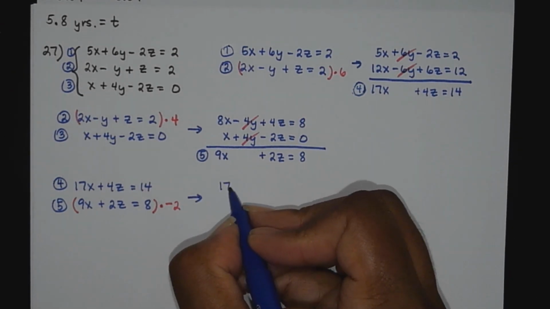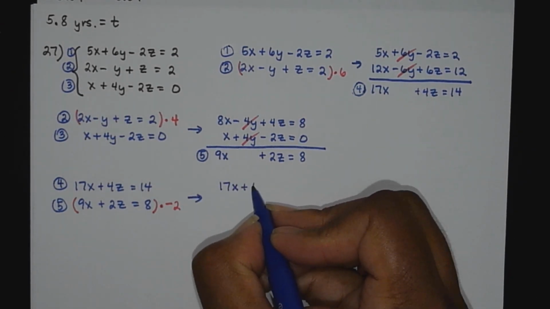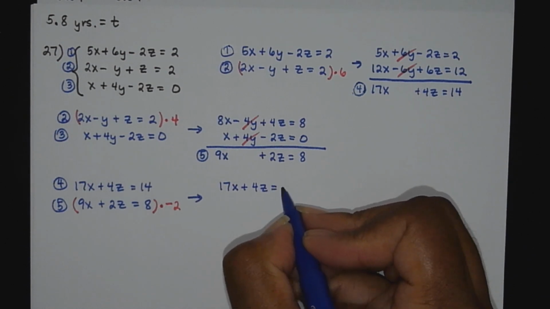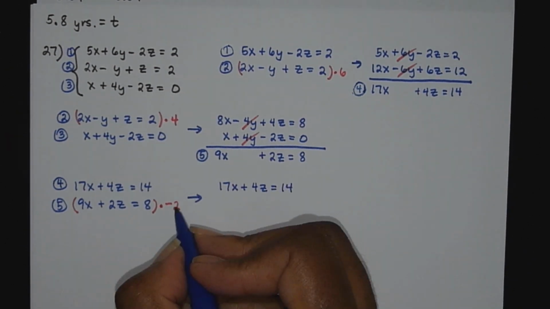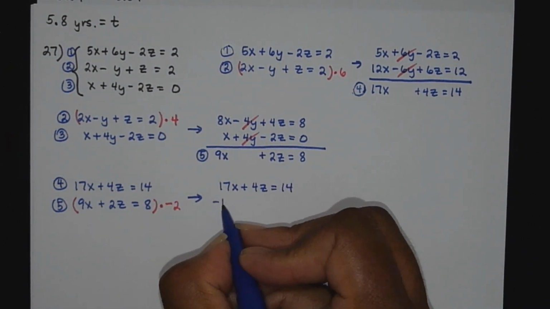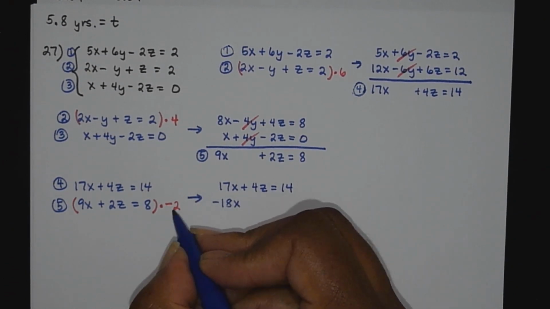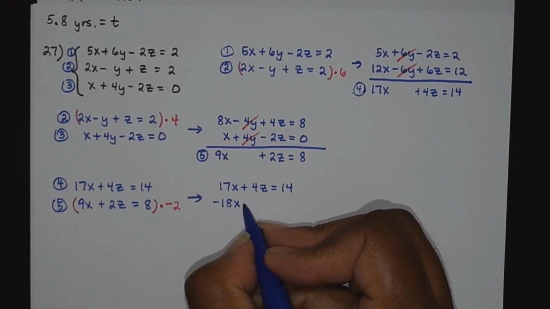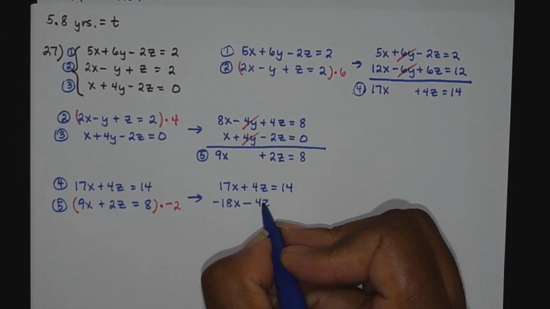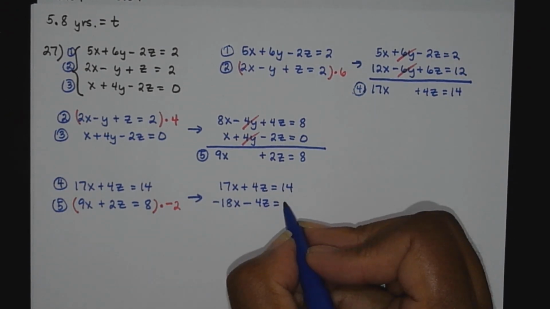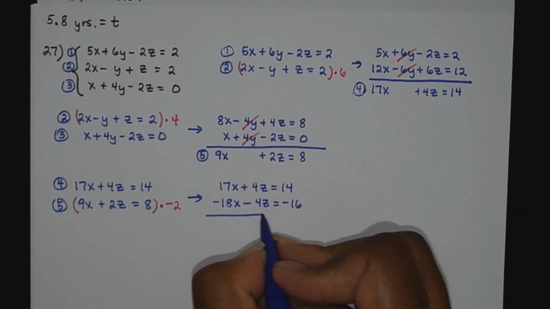So I'm going to bring over the 17x plus 4z is equal to 14. Now if I do negative 2 times 9x, that's negative 18x. Negative 2 times plus 2z will be a minus 4z. And negative 2 times 8 would be negative 16.